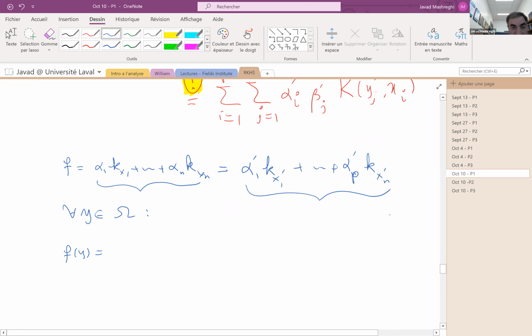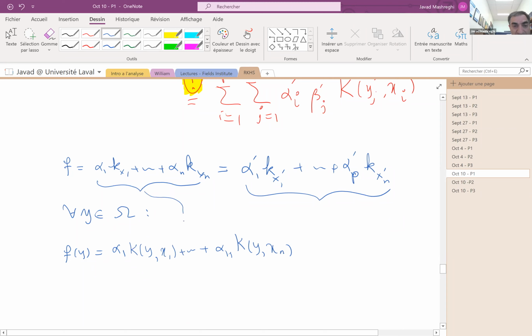And the evaluation of that function at point y is alpha 1 k y at point x1 plus up to alpha n capital K y at point xn.